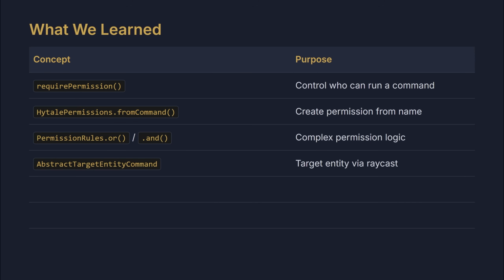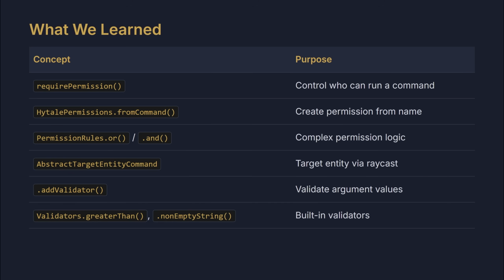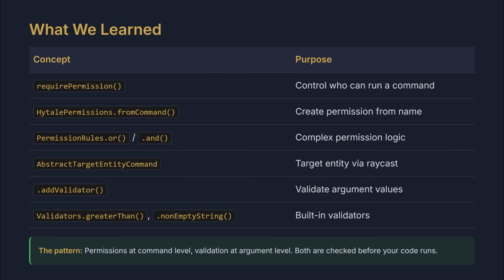We have a base class called abstract target entity command to target an entity via Raycast. We can use addValidator chains on arguments to validate argument values. And we have built-in validators like greater than or non-empty string, which we can use for our commands. So we have permissions at command level, validation at argument level. Both are checked before your code runs.